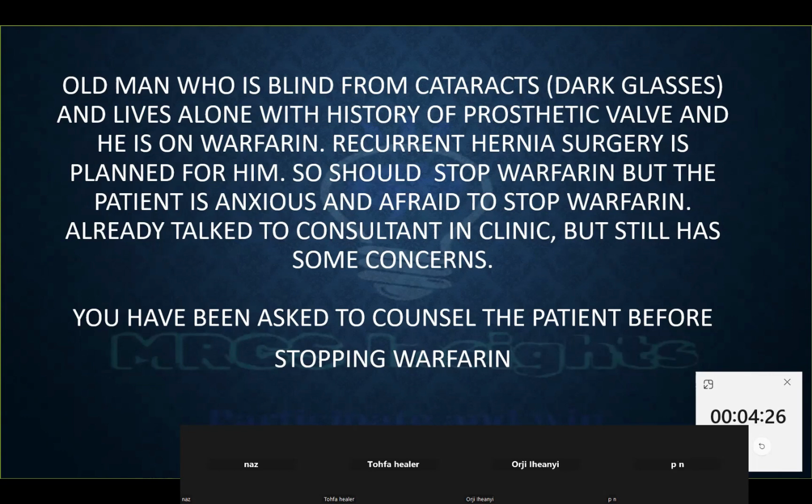So to summarize the case, we got a patient to be operated for hernia surgery who has been taking warfarin for a prosthetic heart valve. The patient has concern about stopping warfarin. And I assured him that we'll start heparin on him, which will be stopped 12 hours before surgery and will be resumed again 12 hours after surgery, and we'll do some blood investigations to start warfarin again.